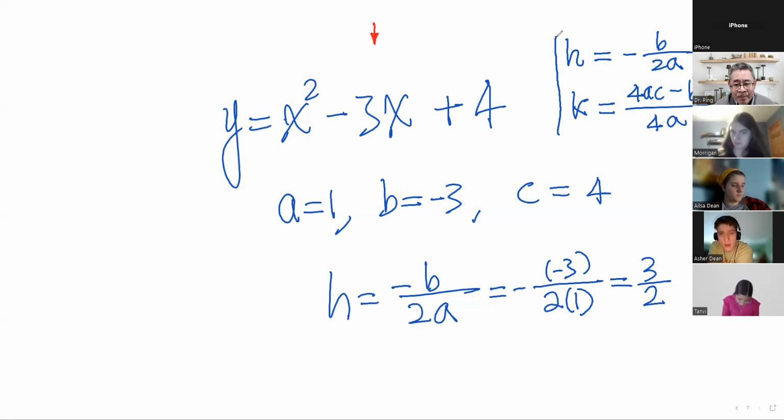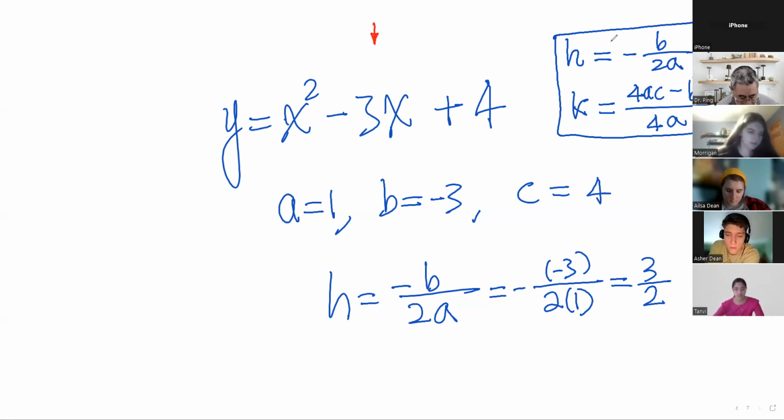Yep. So 16 minus B squared. B squared is -9. No, a negative squared is always positive. Oh, right. So that would just be 9. So 16 minus 9. I didn't realize it was that simple. Yep, it is, just plug in the numbers. The proving part is a little bit harder, but using it is actually pretty straightforward.